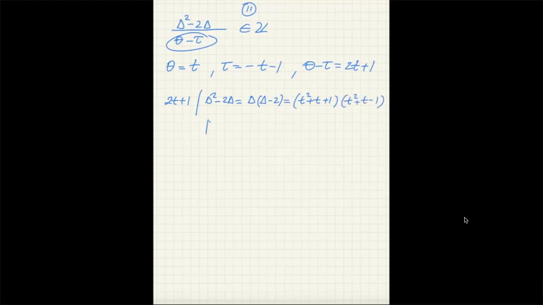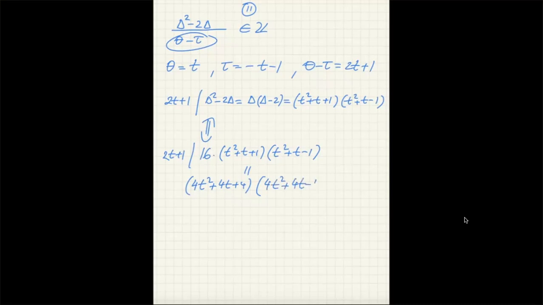Now this is equivalent to 2t plus 1 dividing the same expression but with a 16 in front, and I'll show you in a second why we put 16. With 16 in front, one factor of 4 from 16 goes to the first part. So we get 4t squared plus 4t plus 4. And the other one goes to the second part, 4t squared plus 4t minus 4.